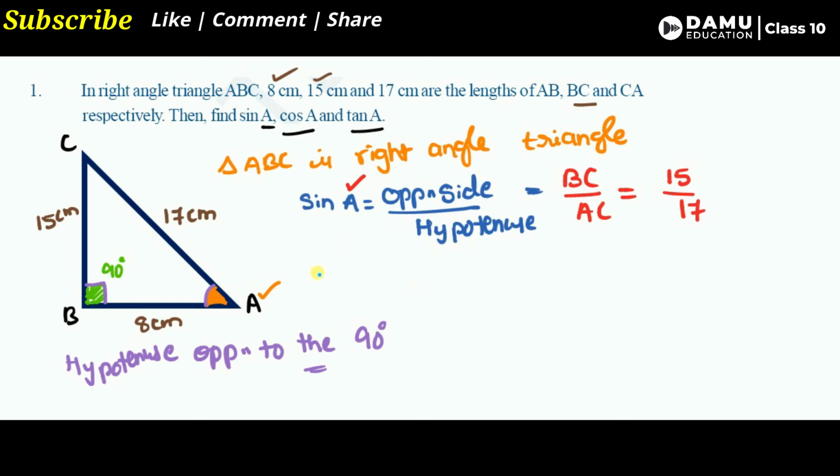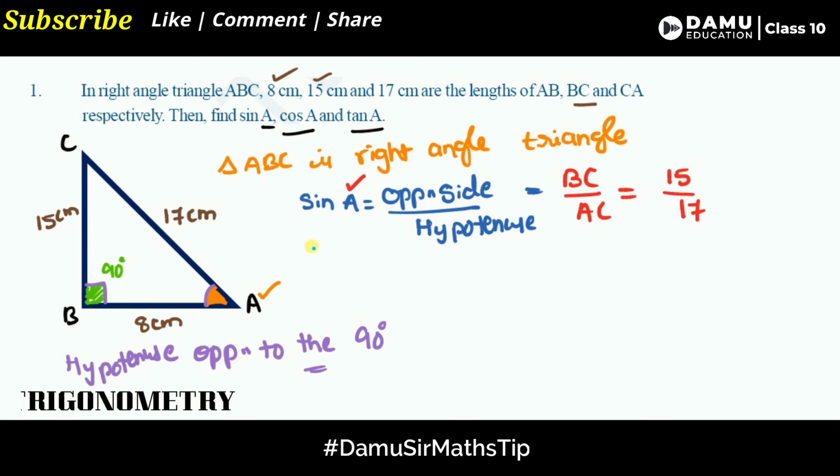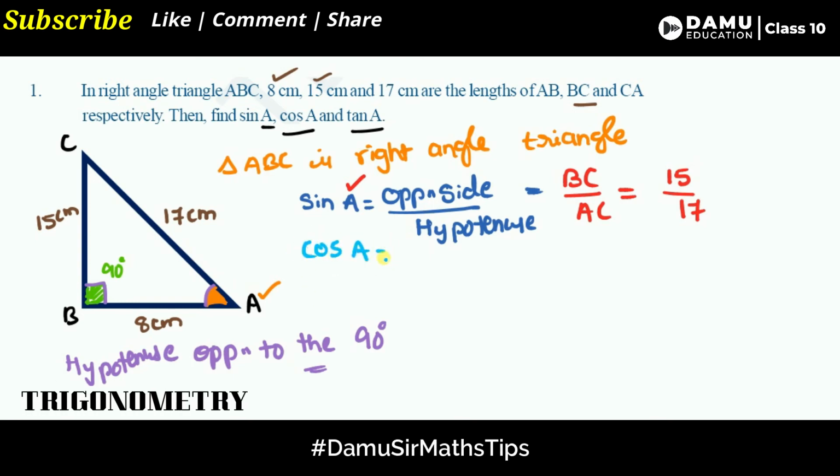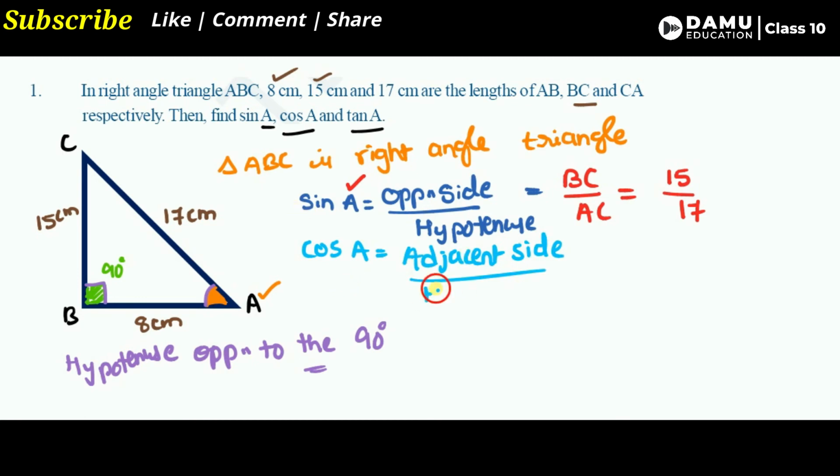Then what is cosine A? Cos A will be equal to, for this angle, the adjacent side by hypotenuse. So for sine and cos, the denominator is always the hypotenuse.